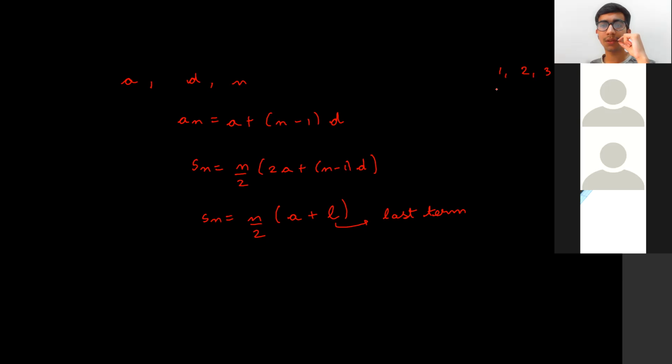So what is A over here? 1. What is D over here? 1. Okay.